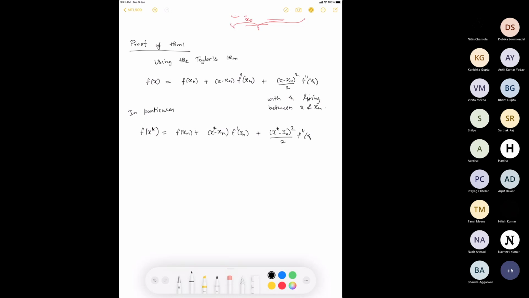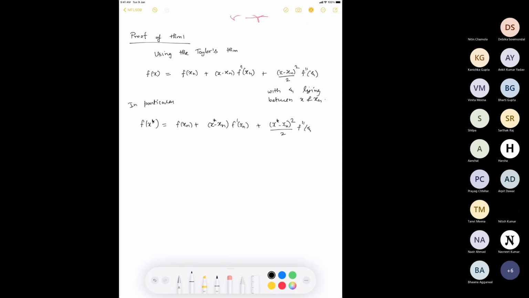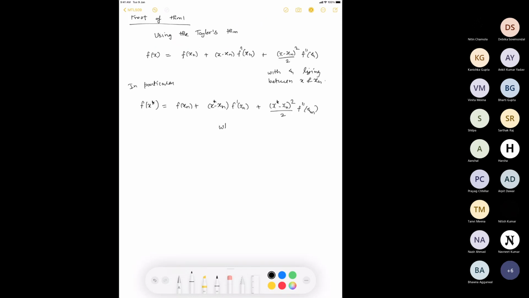Note that when you apply Taylor's theorem by expanding f(x star) in the neighborhood of x_1, you will get one xi, right? Likewise, for each of the x_n you will get a different xi, so I'm going to call it xi_n, where xi_n lies between x_n and x star.